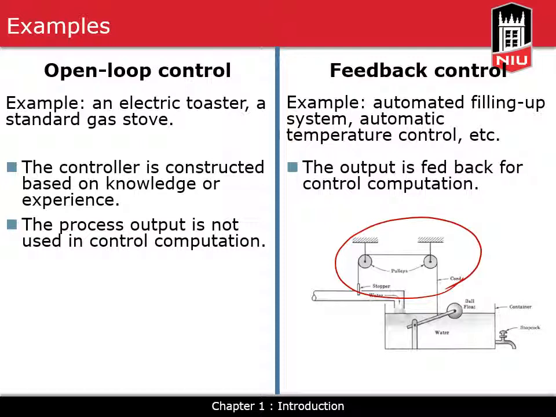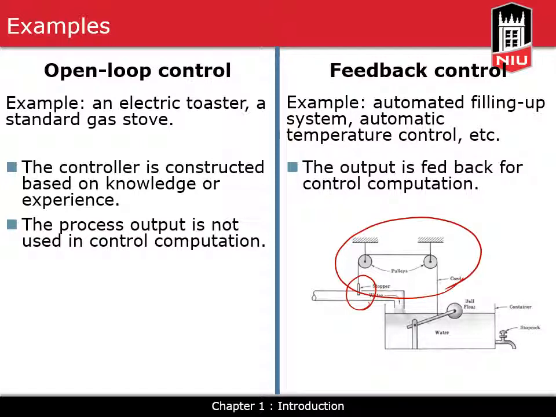You don't see an actual sensor here, but it gives you an idea of what we mean by feedback. The information about the level of the water in this example is basically fed back to our actuator, which is the water valve. You can see the water valve over here, through that ball float and the cords.